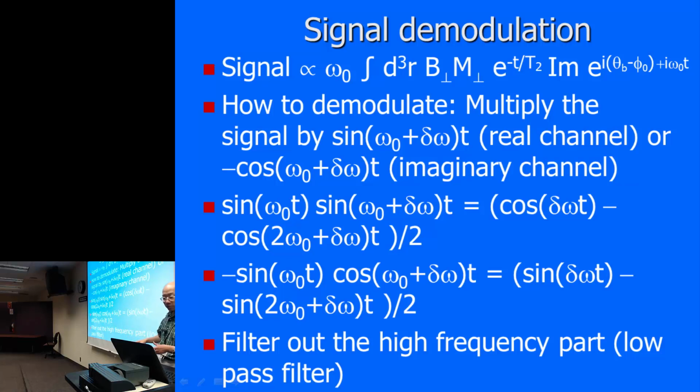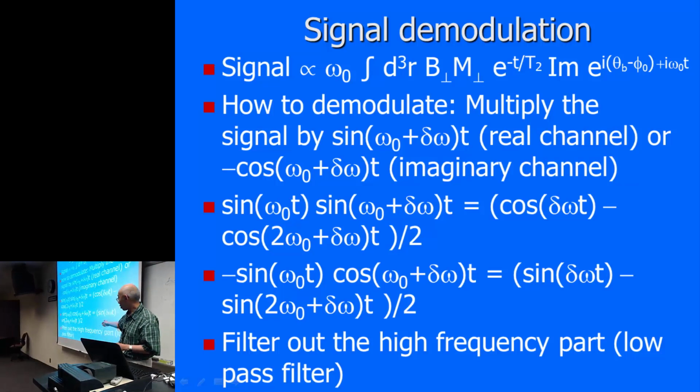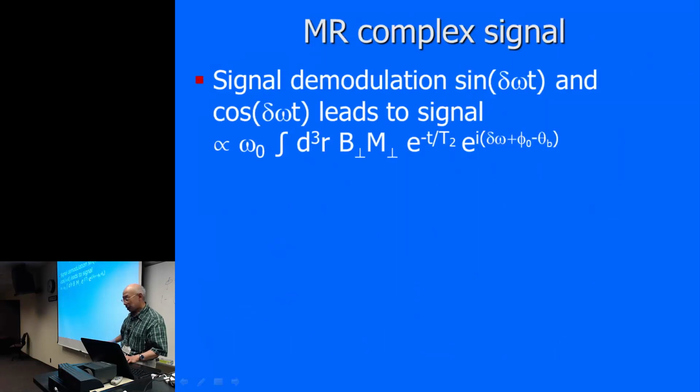There's a footnote in the book saying that with the word demodulation, we just include these two procedures: the multiplication by sine and cosine, and the filter. So now we get rid of the big omega naught frequency.